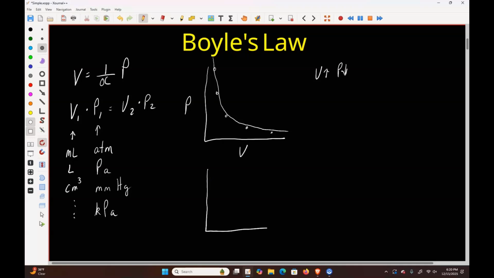You can do a different type of graph where I have volume and the reciprocal of the pressure. When you're graphing it this way, you get a straight line, a linear relationship. So you could use y equals mx plus b here, because it's a linear regression.